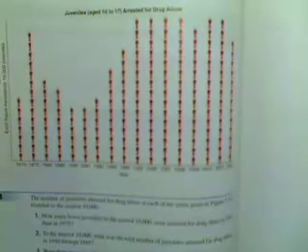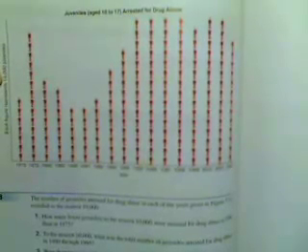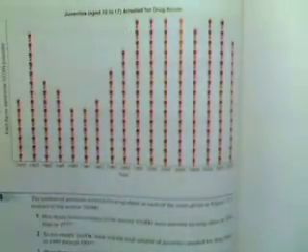We actually kind of lose the data, the precision of the data, because if you notice, each of these icons represents 10,000. So we're rounding these columns to the nearest 10,000.